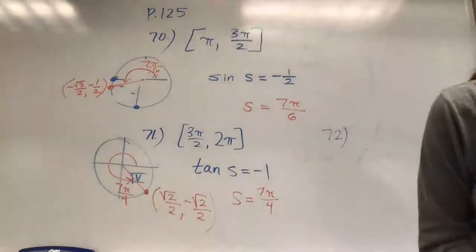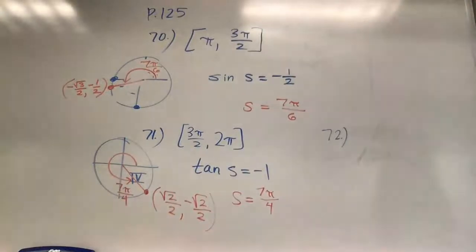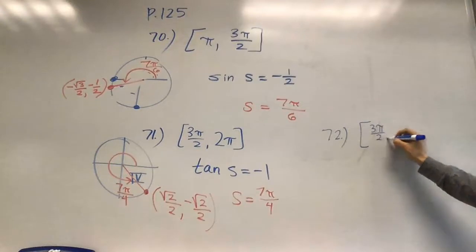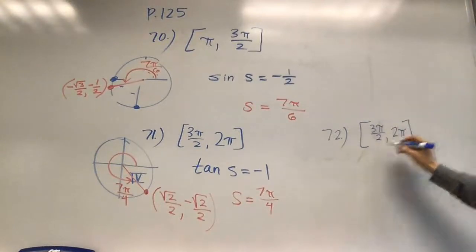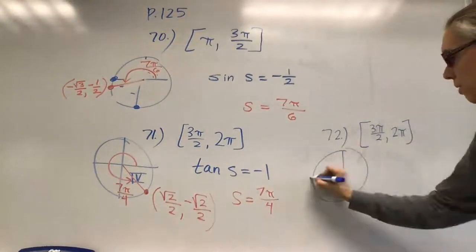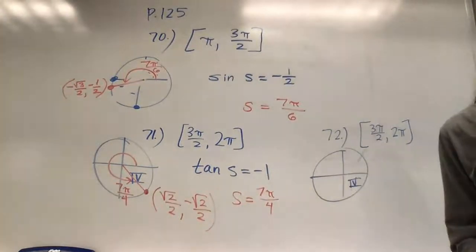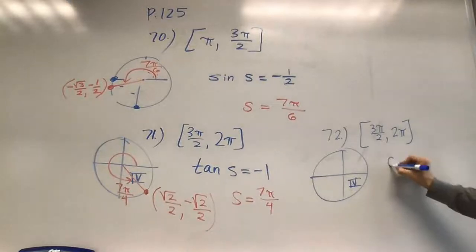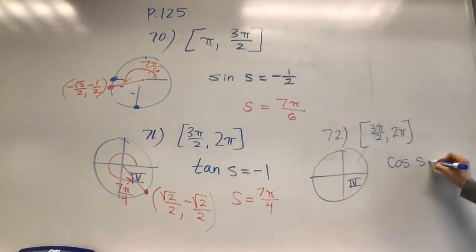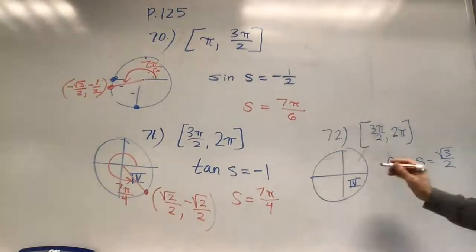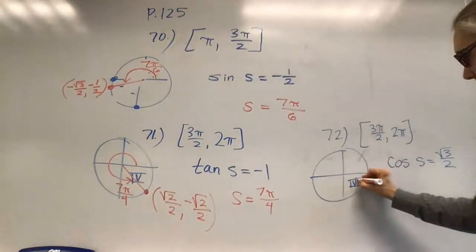Okay, now let's look at number 72. Number 72 is from 3 pi halves to 2 pi, same interval. That puts me again in the fourth quadrant. And my equation now is cosine of s is equal to root 3 over 2. So I want to know, where do we have that point?